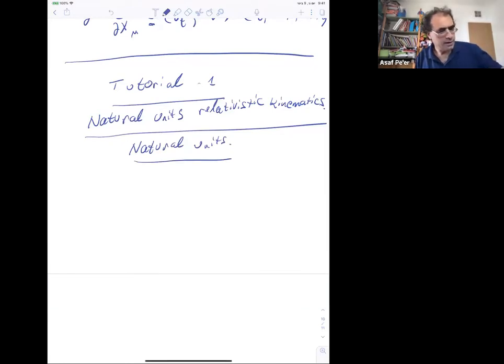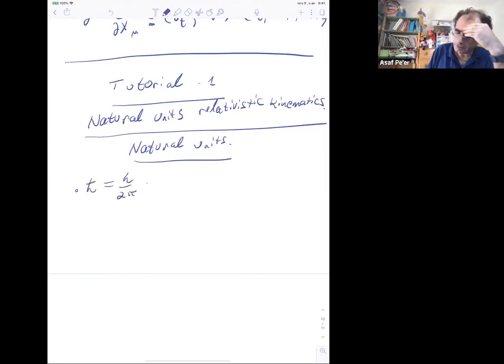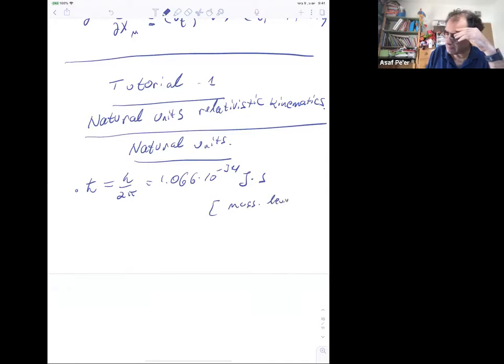I said that in high energy physics we use two fundamental constants, right? H bar is h over 2 pi, 0.66 times 10 to the minus 34 joule times second. So really it has units of mass times length squared divided by time.